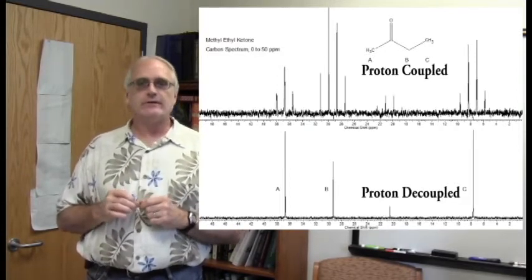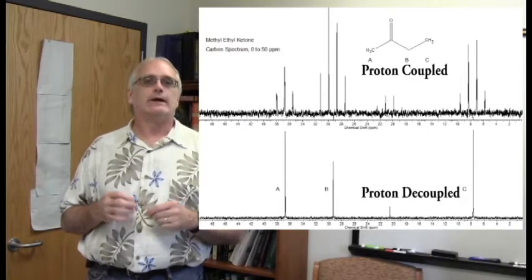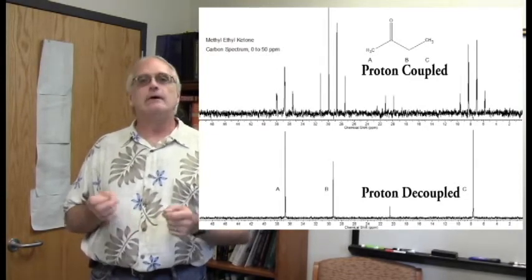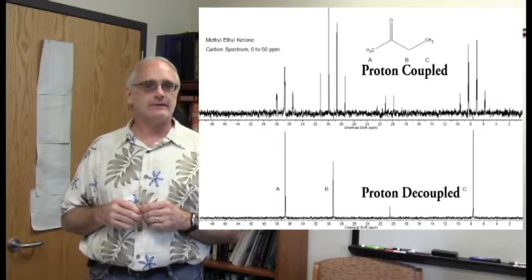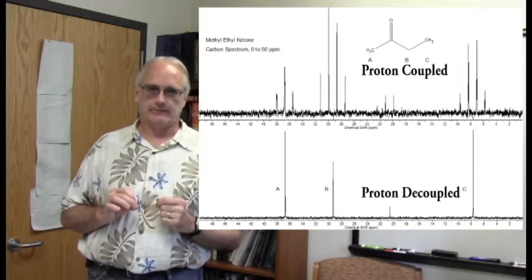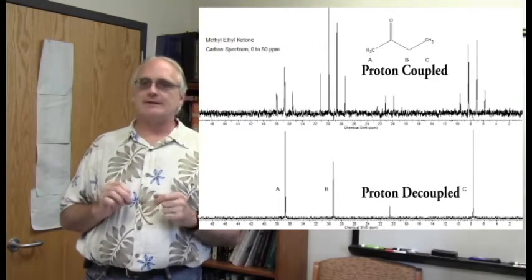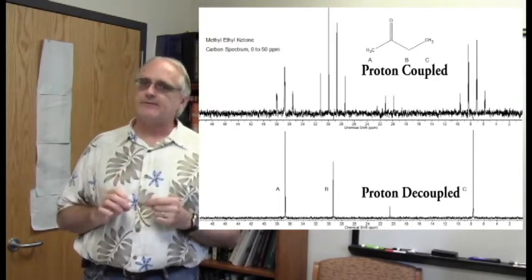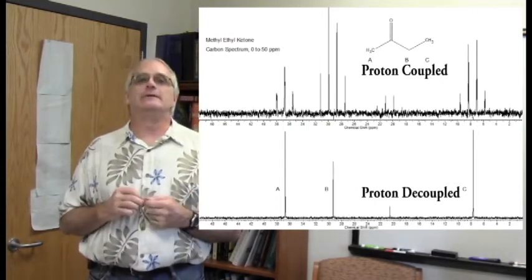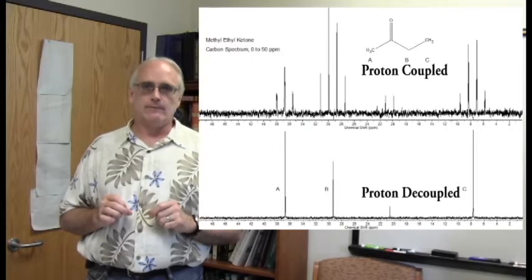The technical process is called decoupling, and all of the carbon spectra that you've seen up to this point, the ones that have all the carbons looking like singlets, are proton decoupled spectra. So nobody's been lying about it, but that is a fact that really hasn't been talked about and hasn't needed to be talked about until now.